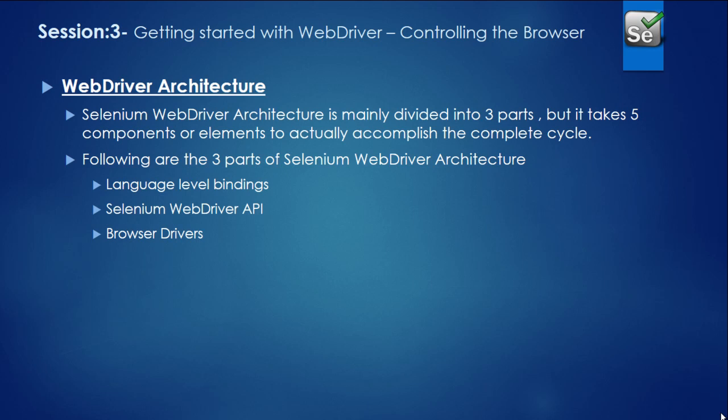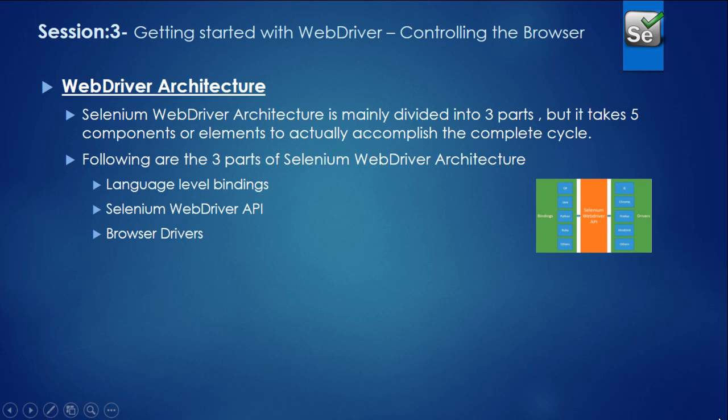In simple words, these are the languages in which we are making our framework and interacting with the Selenium WebDriver and working on various browsers. The code using these bindings communicates with Selenium WebDriver API, which is the second component of this architecture. This API sends the commands taken from the language level bindings, interprets them, and sends them to the respective driver or the browser driver. The third component are the browser drivers.